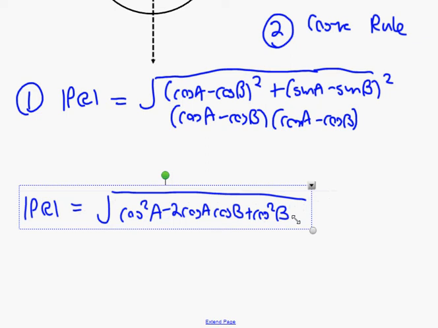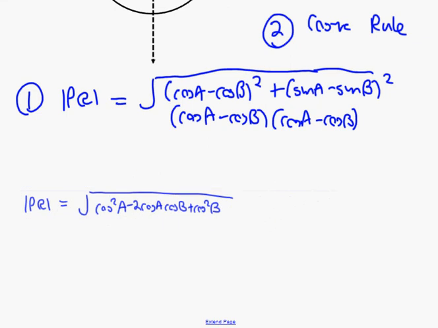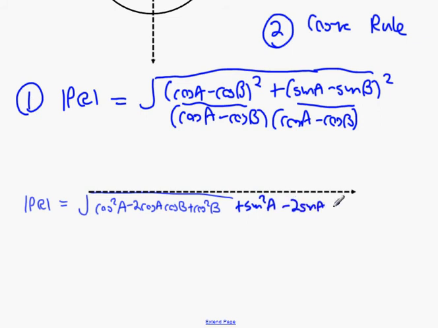So what you're going to realise next is that the sine squared follows the same pattern, because there's no difference between this one here and this one here apart from cos being interchanged with sine. So the next one's going to be the same deal. It's going to be plus sine squared A minus 2 sin A sin B plus sine squared B. Stay where you are for a minute, lads, okay?